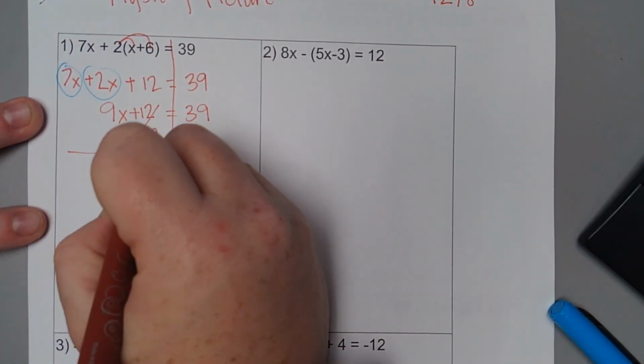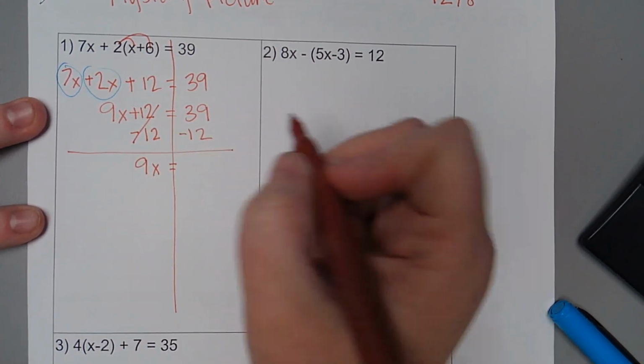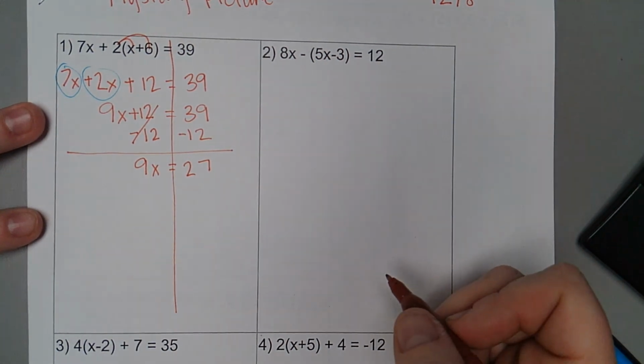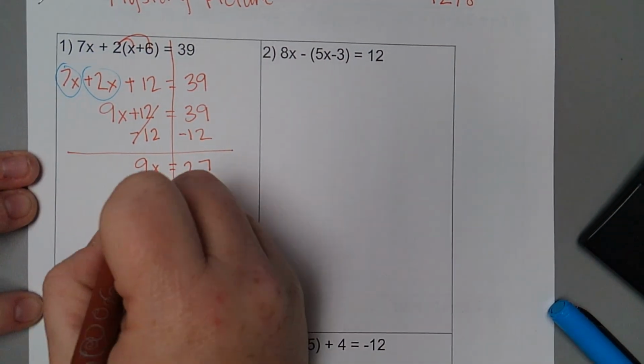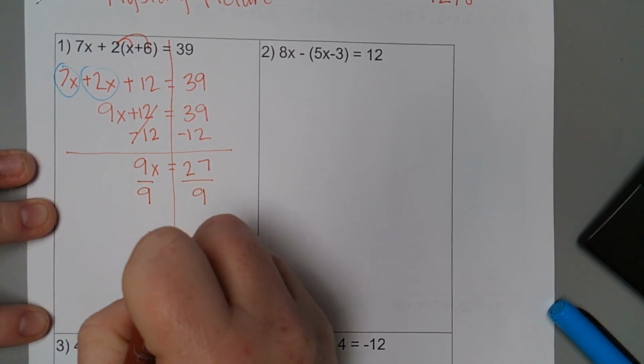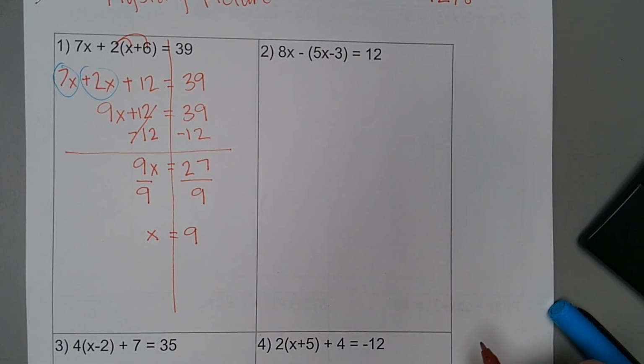Those cancel out, leaving us with 9x equals 27. The opposite of multiplying by 9 is to divide by 9. So you get x equals 9. Might have a little too much space, but that's okay.